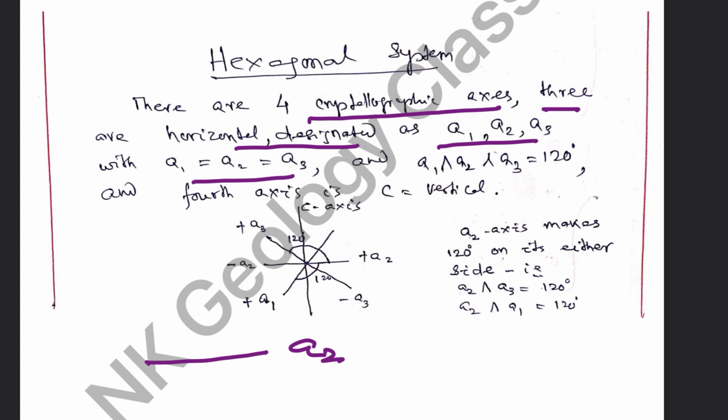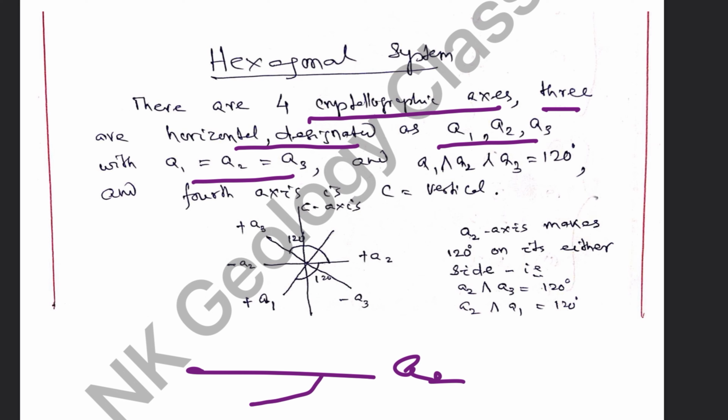A2 is horizontal, and from that we have 120 degrees, given by another axis, another axis. This is A2, 120 degrees like this. This is 120 degrees. This is A2.